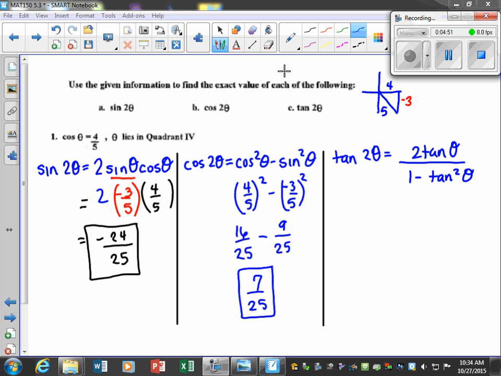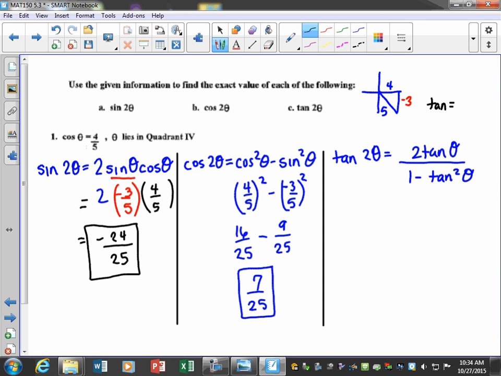Real quick, let's write down tangent of theta, which is going to be your y divided by your x. So our y is -3 and our x is 4. So let's use that value when we plug into this formula.